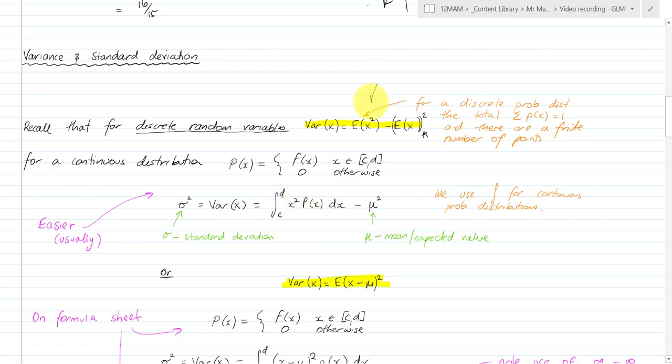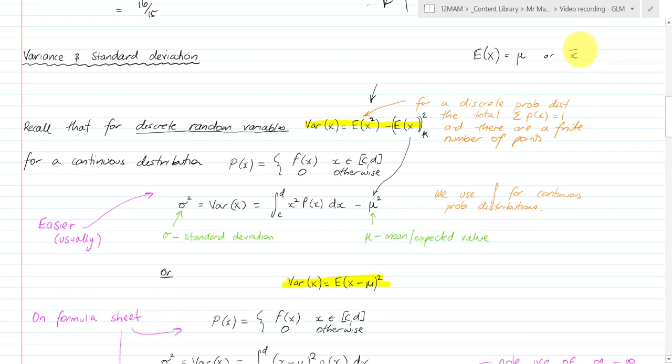X squared instead of x because it's E of x squared, not E of x. And we have to subtract the expected value of x all squared. Remember, the expected value of x is also known as mu. So don't forget that the expected value of x represents a mean, which is written as mu, or sometimes, not often in this topic, written as x bar as well.